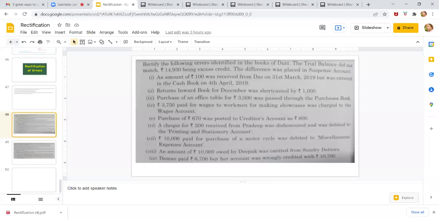So the date is March 31st, 2019. And in particulars, it's by return inwards account with the amount of 1000. And again the date is March 31st, and in particulars, it's by sundry debtors account with the amount of 10,000.